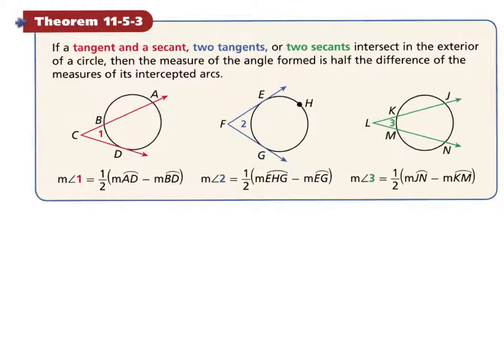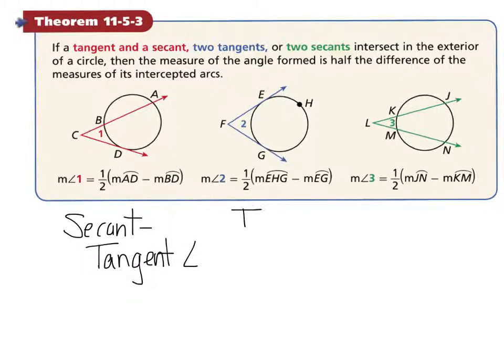In Theorem 11.5.3, we're going to talk about 3 types of angles. Now, notice the vertex here. Where's the vertex in all these angles? On the outside of the circle. So we're going to talk about the secant-tangent angle, because you have a secant and a tangent.